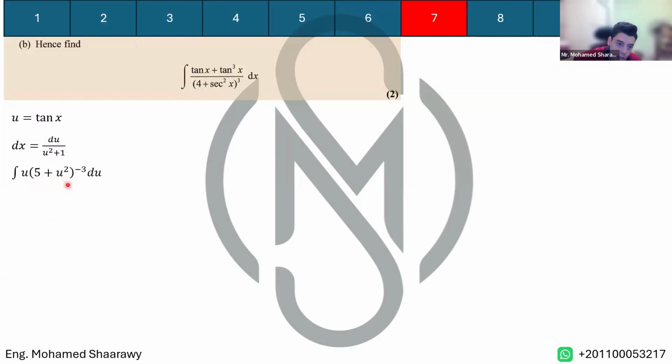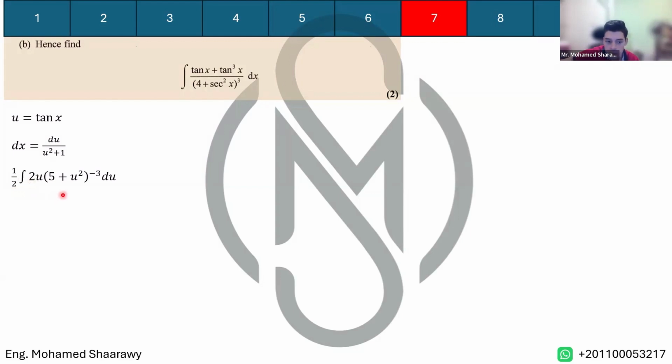So this can be written like this. What is the differentiation of 5 plus u squared? Actually, it's just 2u. So how can I get 2u here if, at the same time, I multiply by 2 and divide by 2? So let me write here a half, and here a 2.